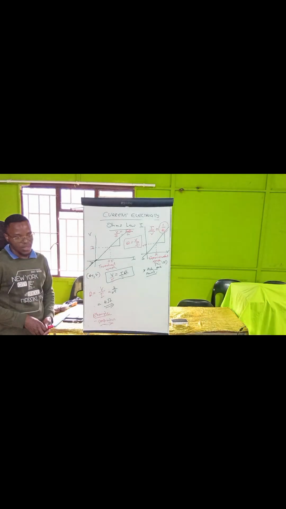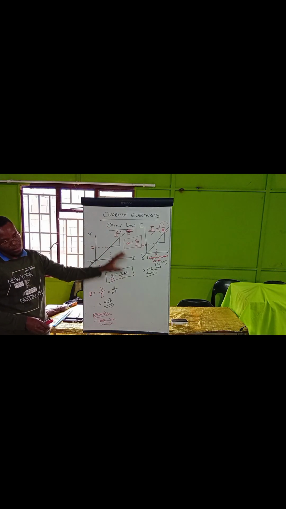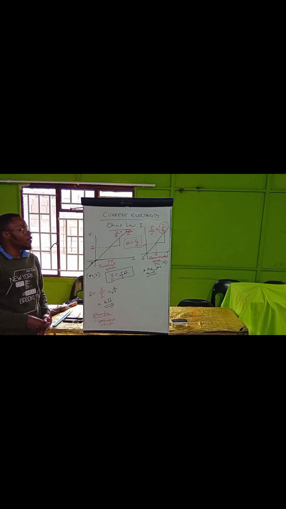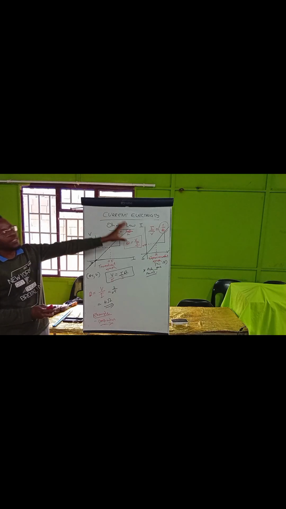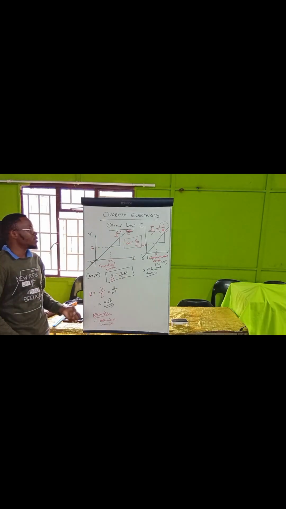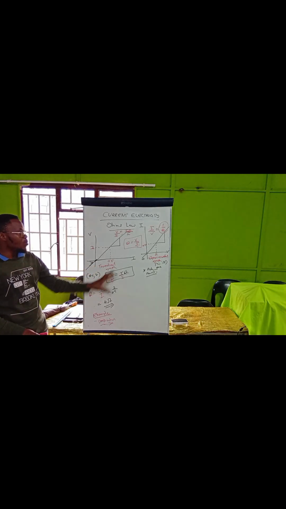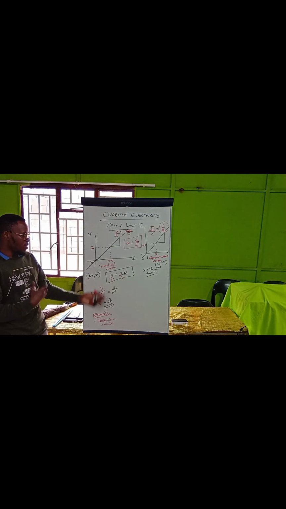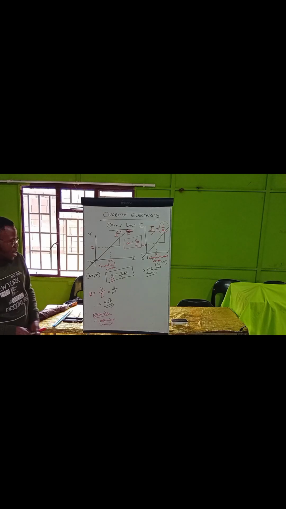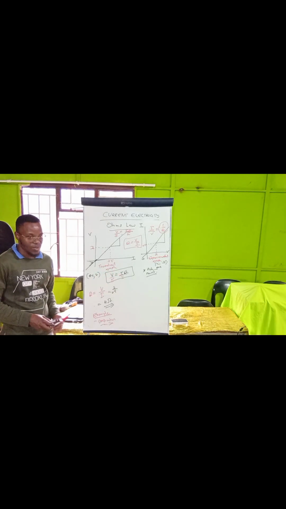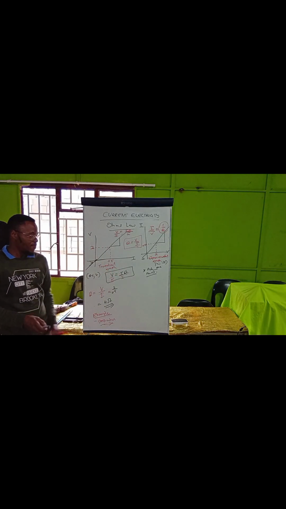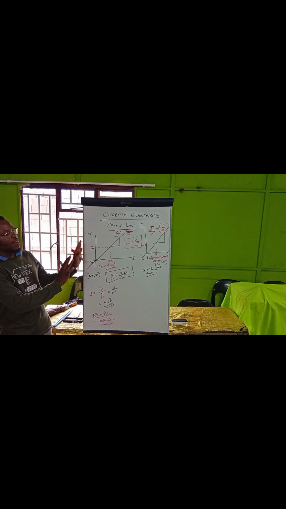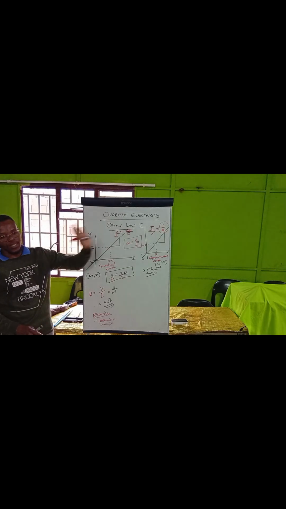Otherwise, today we have just covered the quantities of current electricity, looking at current, voltage and resistance, and then we concluded with what Ohm's law is, so that we can understand how to calculate resistance when we're given a graph, either a theoretical graph or an experimental graph.